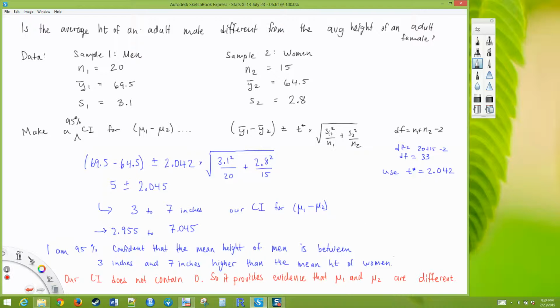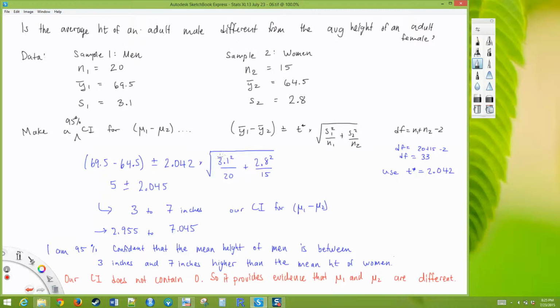What if, when I labeled these, I arbitrarily called the men sample 1 and the women sample 2? I could have, just as equally valid, labeled the women sample 1 and the men sample 2. How would that have affected the work or the confidence interval? All the data is the same.